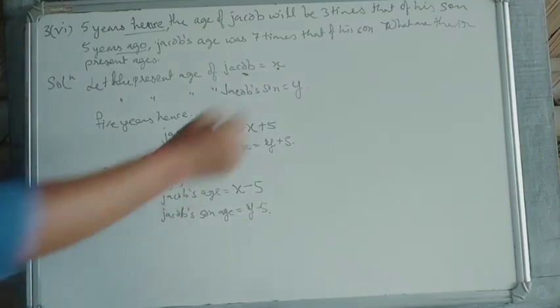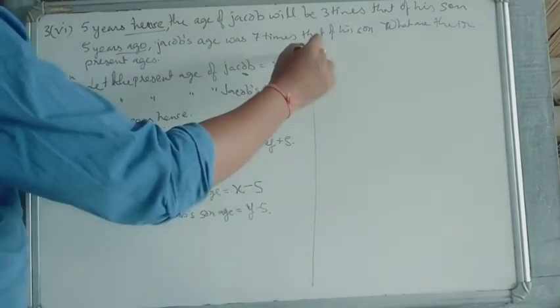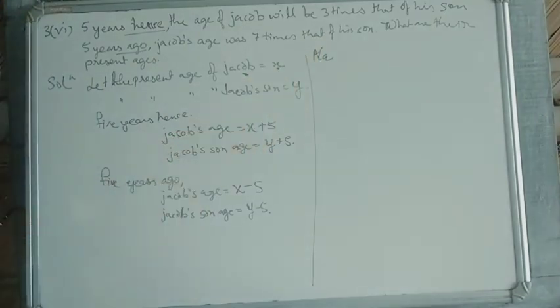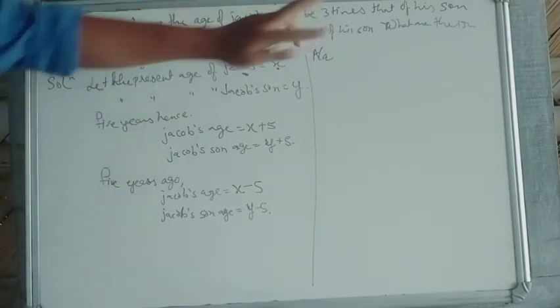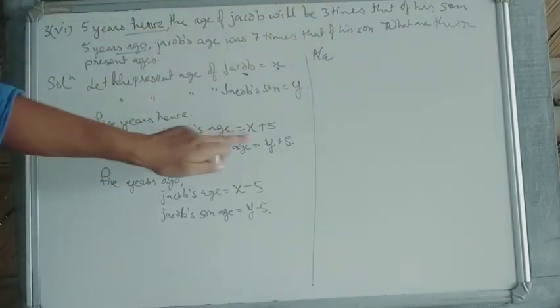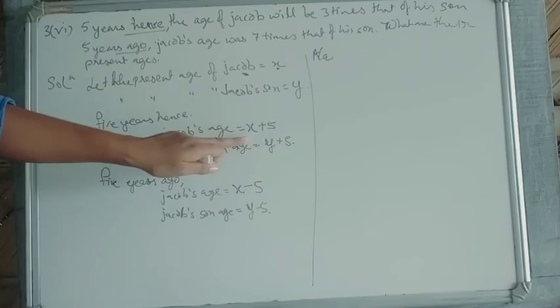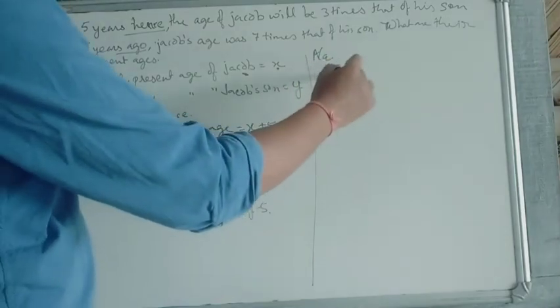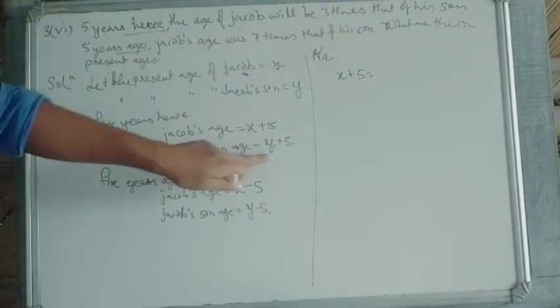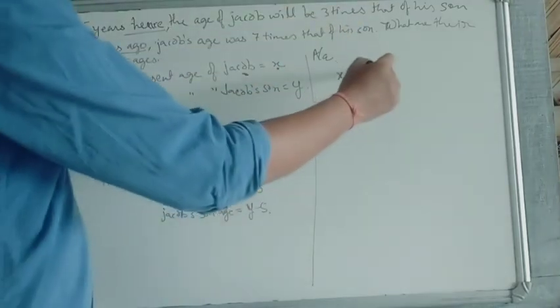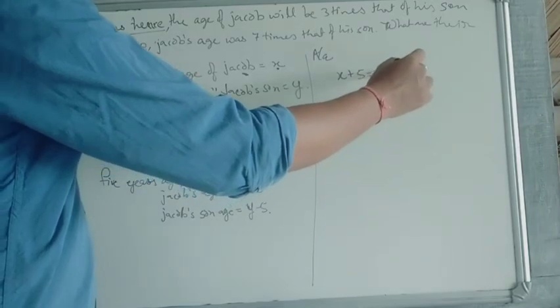Now according to the question, what conditions are given? 5 years hence means these two. So 5 years hence the age of Jacob will be 3 times. So the age of Jacob 5 years hence, that means x plus 5, will be equal to 3 times his son's, so 3y plus 5, 3 times of the son.